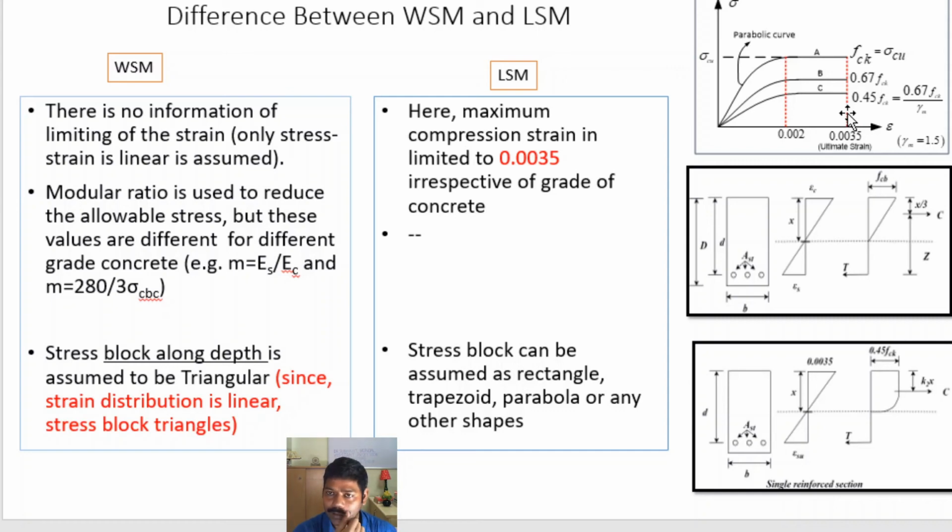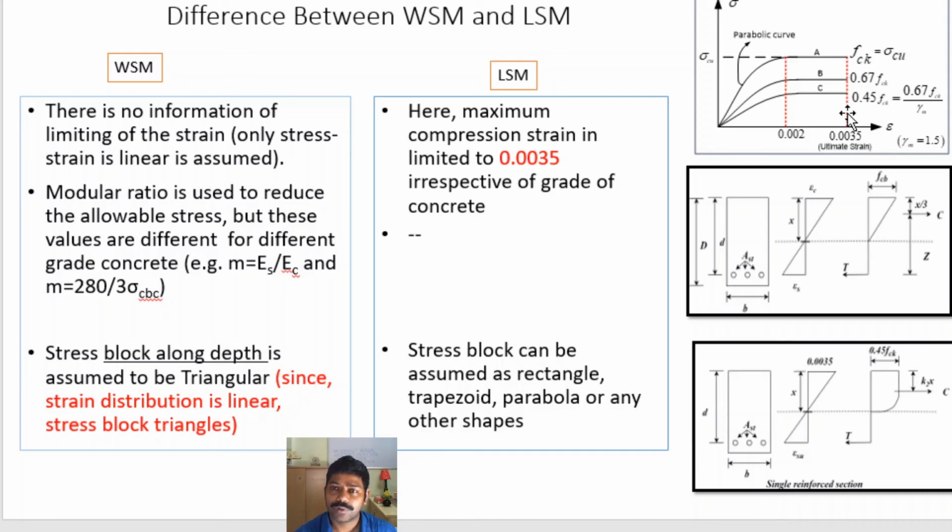But the problem is that the working stress method does not define one particular limit up to which strain you should consider. What it does is assume one constant, called the modular ratio. The modular ratio reduces the allowable stress.